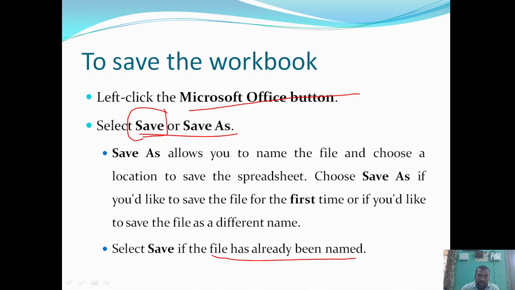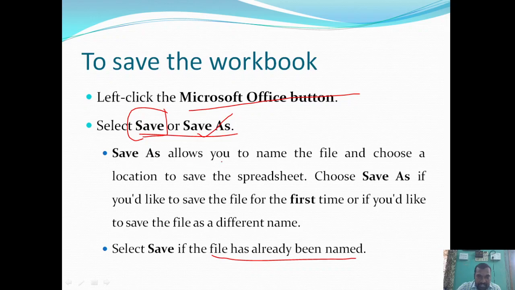If the file is already saved and you need to give a new name, then choose the Save As option. Save As is going to create a new copy with a different name.